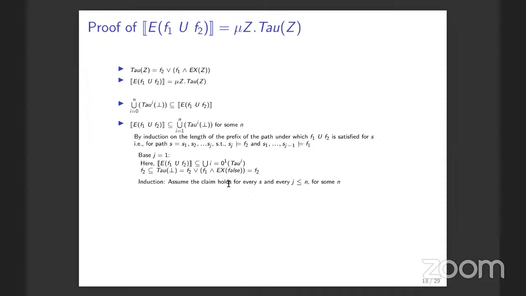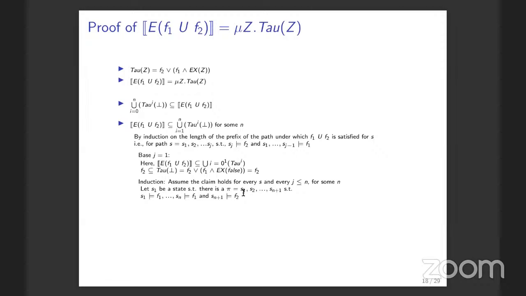The induction assumes this claim itself, that this subset holds for every state that satisfies the left side here, and the paths from S that satisfy F are of some length less than n. Then you show that this claim holds good for those states for which you need to look at a path which is of size n plus 1. Okay.